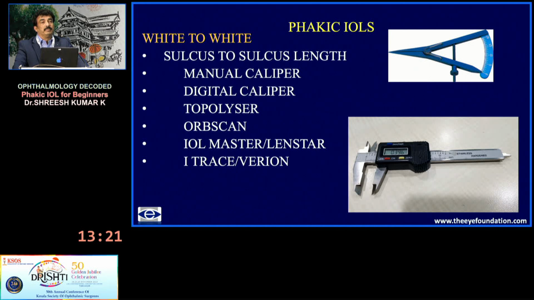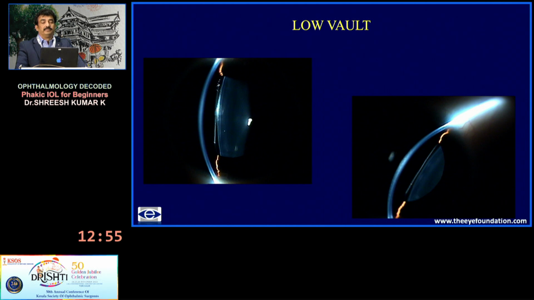There are various instruments that are available for white to white measurement. With the experience we have, having done quite a good number of phakic IOLs, I could say that the digital caliper is the best way to measure white to white. It can be cross-checked with the Topolyzer or Pentacam values.